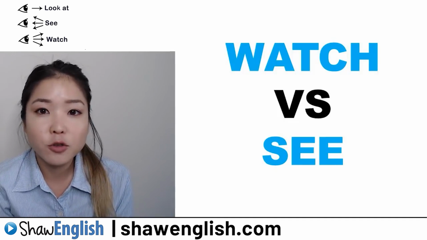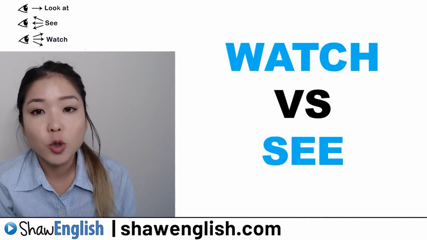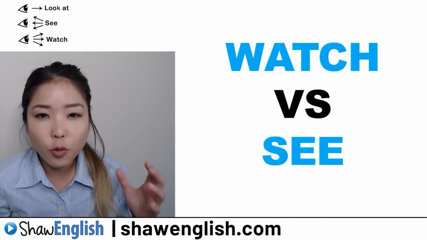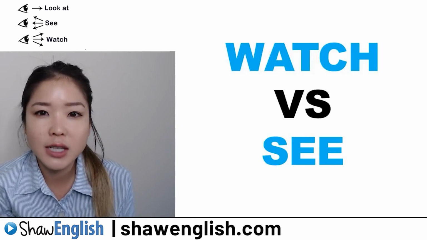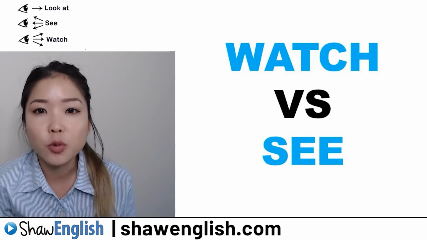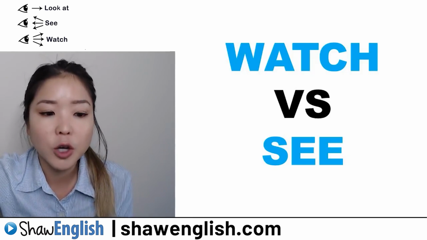Those are all types of shows. You can watch and you can see. The grammar rules for that one, the English rules for the watch versus see, are not so strict when it comes to those things. So you can use either one and they will be correct.